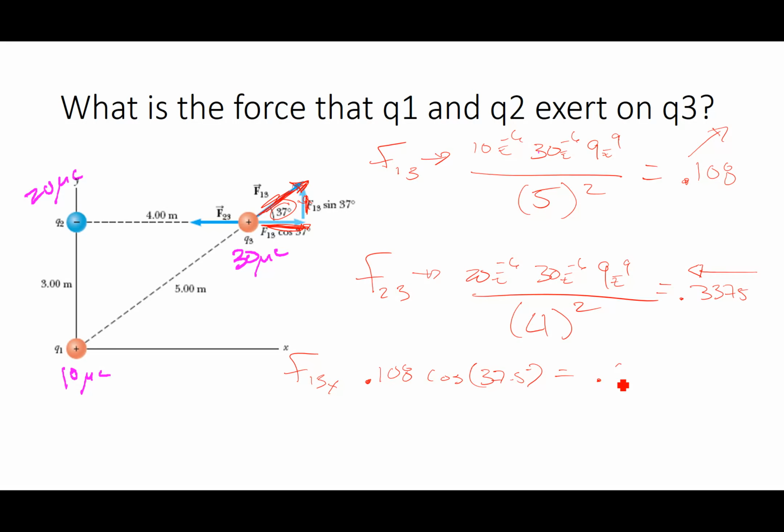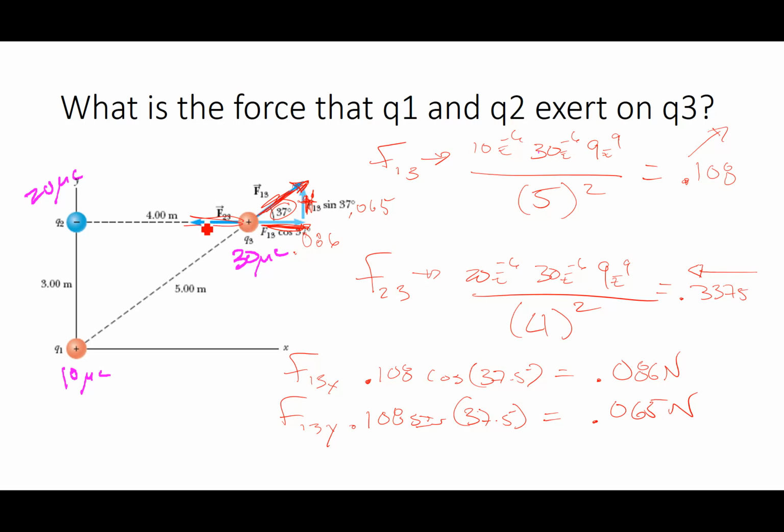And I get 0.086 newtons. Likewise, in the y, force 1 on 3 in the y, 0.108 times the sine of 37.5, and I get 0.065 newtons.